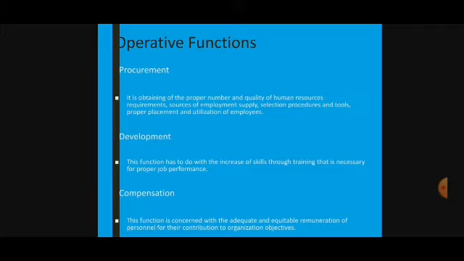Operative functions. One is procurement. It is obtaining the proper number and quality of human resources required, sources of employment supply, selection procedures and tools, proper placement and utilization of employees. Two is development.